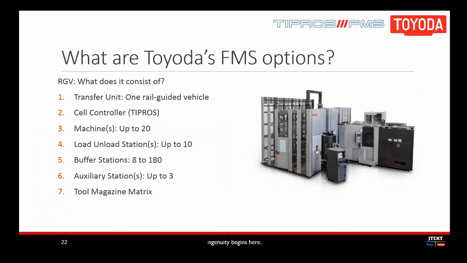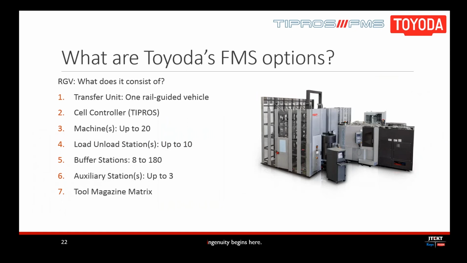In review, let's look at what we have covered: one rail guided vehicle, a cell controller that runs TIPROS software, machines up to 20, loading stations up to 10, buffer 8 to 180.